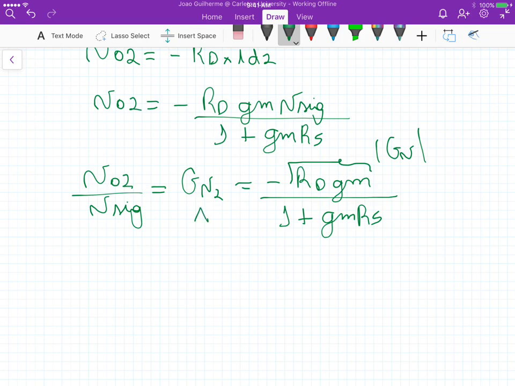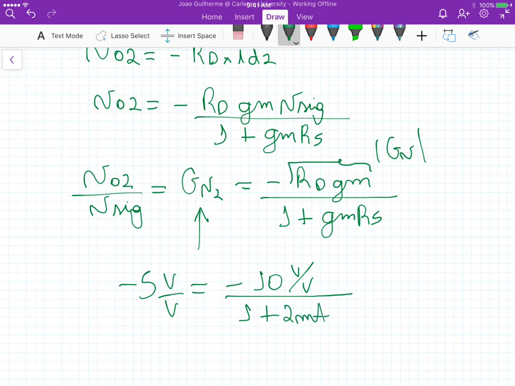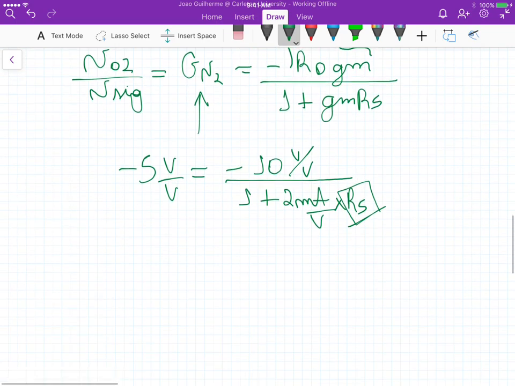So this new overall voltage gain, we want it to be minus 5 volt per volt, equal to minus that 10 volt per volt divided by 1 plus gm, we know it's 2 milliampere per volt, times the source resistance. So it's just a matter of isolating Rs in this equation here.